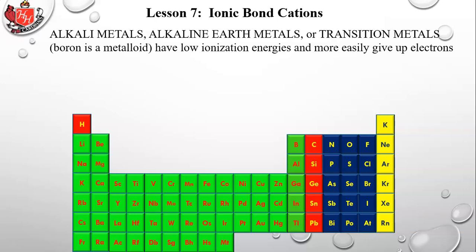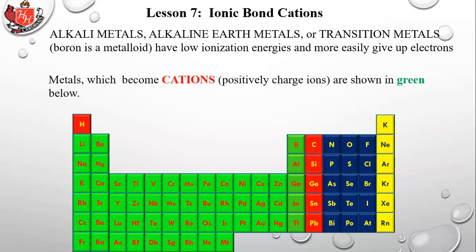Remember, when they give up electrons, that means they have more protons than electrons, and that means they have a positive charge. So they become positive, like little positively charged magnets, except it's not magnetic, it's electrical, but they have a charge on them. All of those that you see in green will give up electrons. They won't take in electrons, they'll give up electrons. Metals, which become cations, that's positively charged ions, are shown in green below.